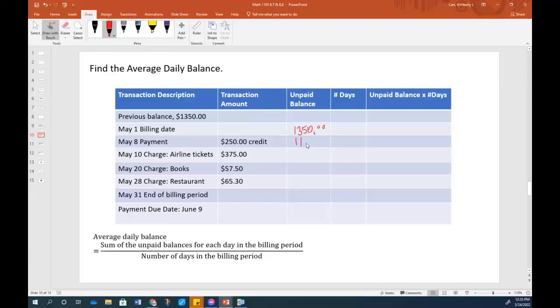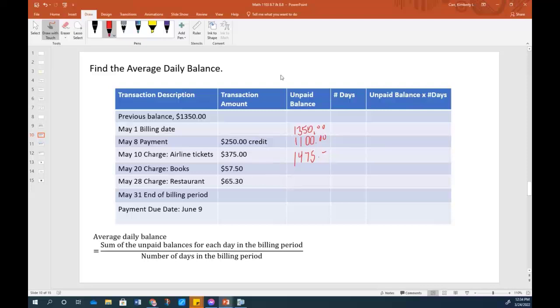So $1,350 minus $250 brings me down to $1,100. Then I charge $375. So we need to add $375 to our unpaid balance. So now we're at $1,475.